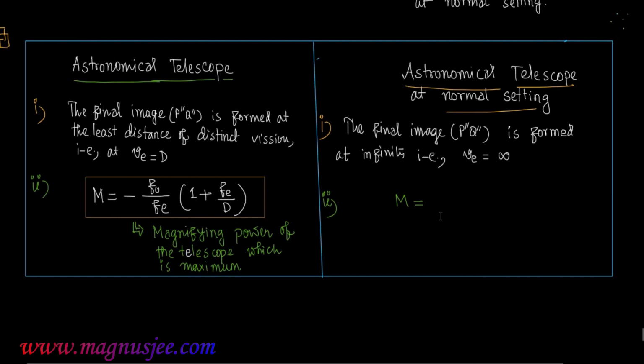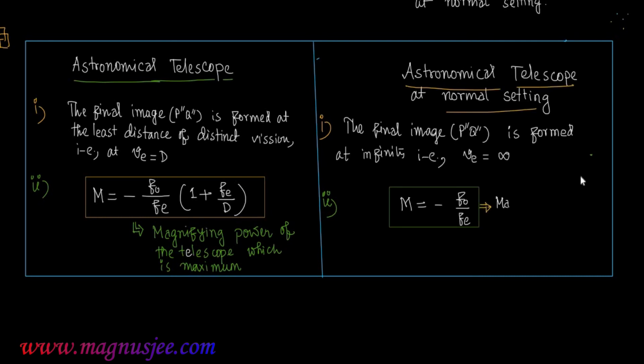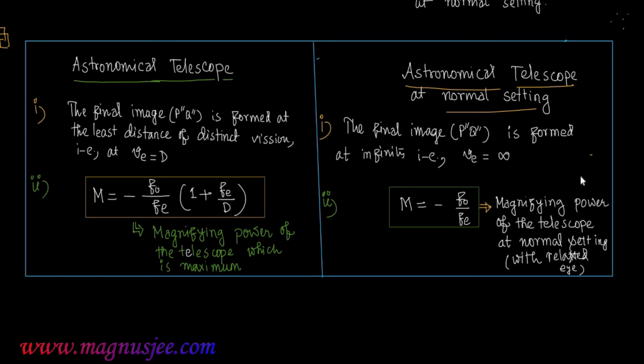On the right hand side, for the astronomical telescope at normal setting, the magnifying power M is equal to minus FO by FE, that is with the relaxed eye. And this magnifying power is minimum.